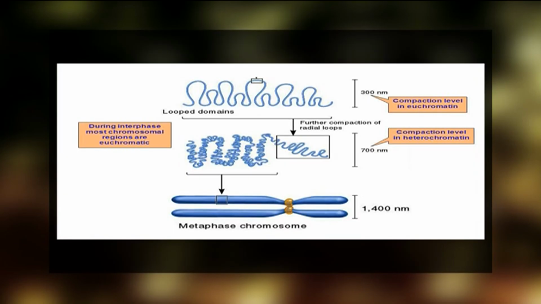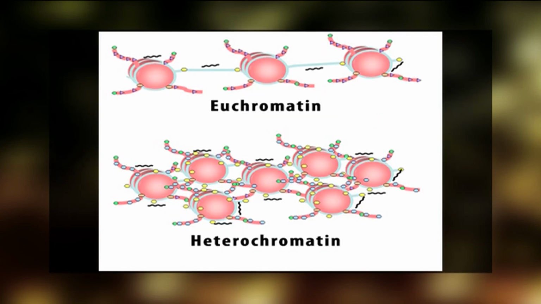The state of a particular region of the genome, whether it is euchromatin or heterochromatin, is stably inherited from one generation to the next. Heterochromatin is divided into two classes. That is constitutive heterochromatin, that means it remains in the compacted state in all cells at all times and thus represents DNA that is permanently silenced.